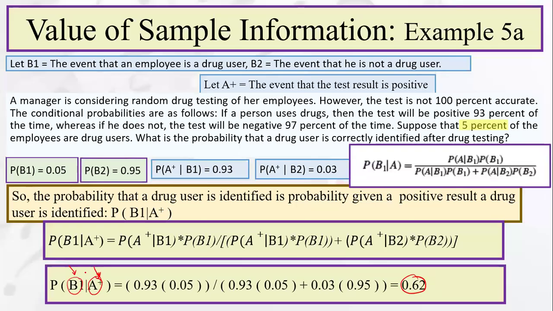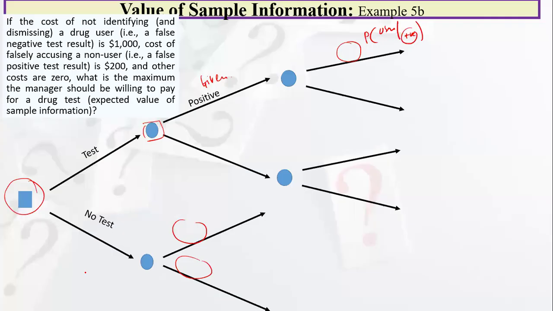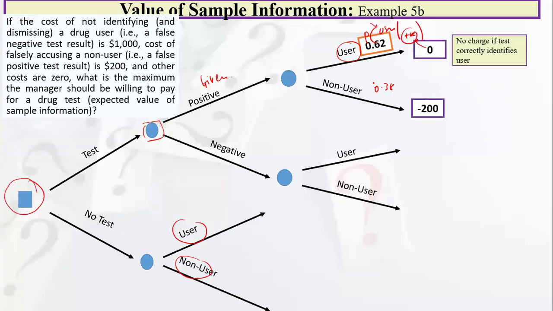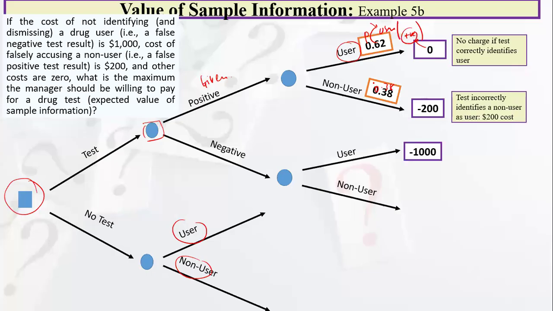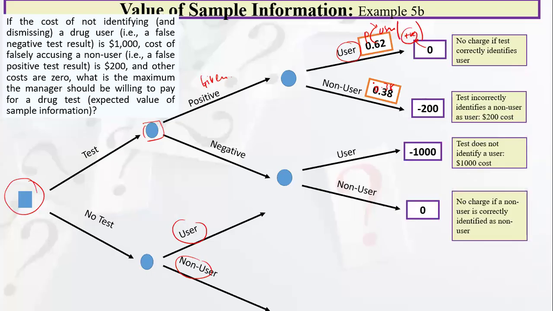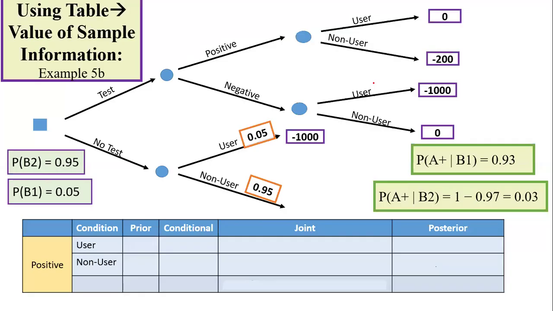What is the probability of his being a drug user given positive? It is 0.62. If it is 0.62, this one is 0.38, obviously. So exactly the same way you can find out all the other probabilities and put the probabilities in there.